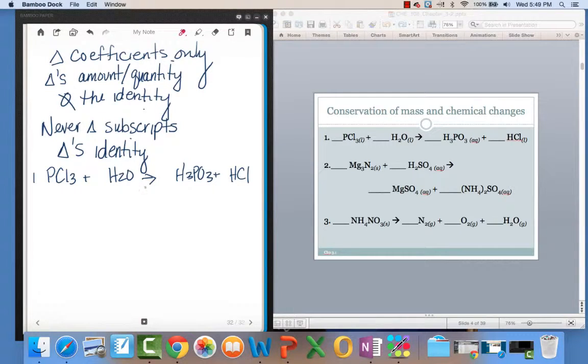So remember, this is my equal sign. The number of atoms on the left has to equal the number of atoms on the right. The big question is, where do I start?